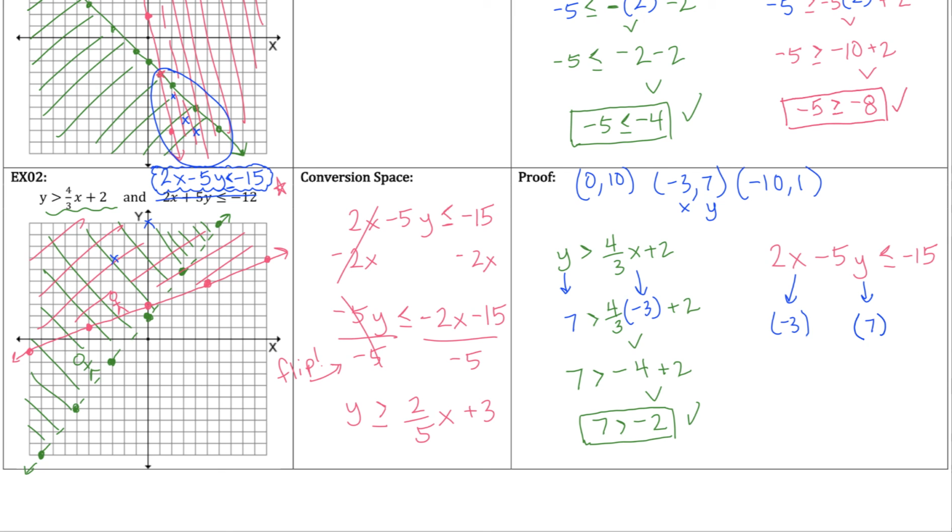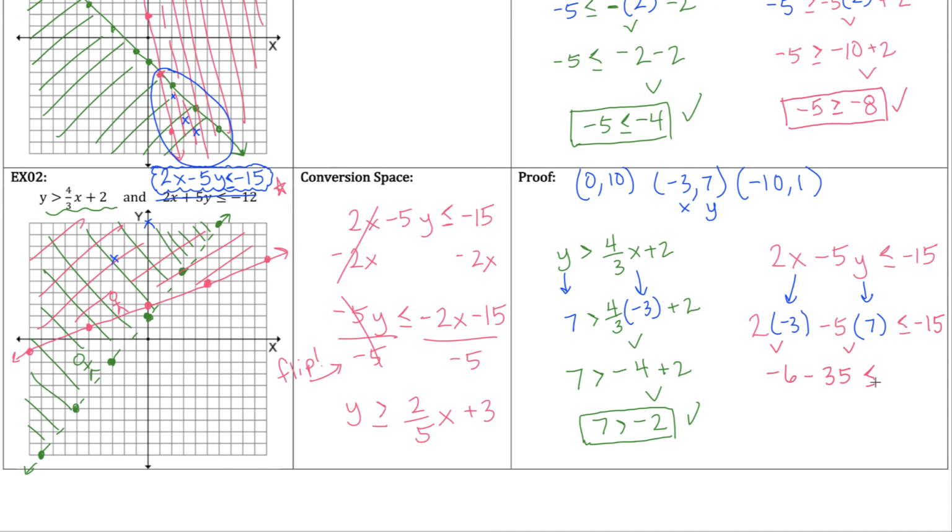And then I get 2 times negative 3 minus 5 times 7 should be less than or equal to negative 15. Okay, 2 times negative 3 is negative 6. And negative times a positive is a negative, so I will write minus 35.